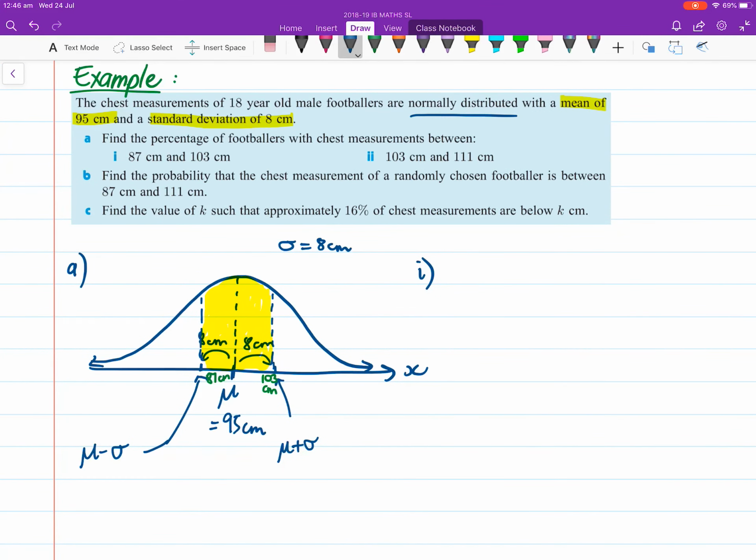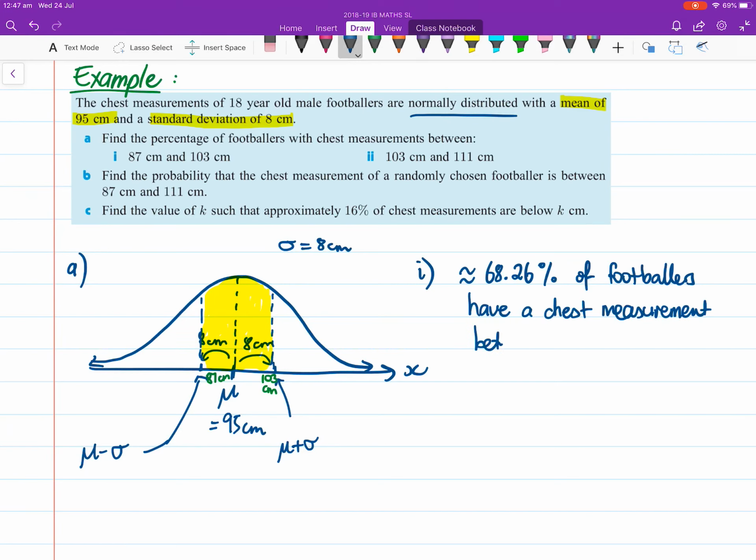So we could say approximately 68.26% of footballers have a chest measurement between 87 and 103 centimeters.